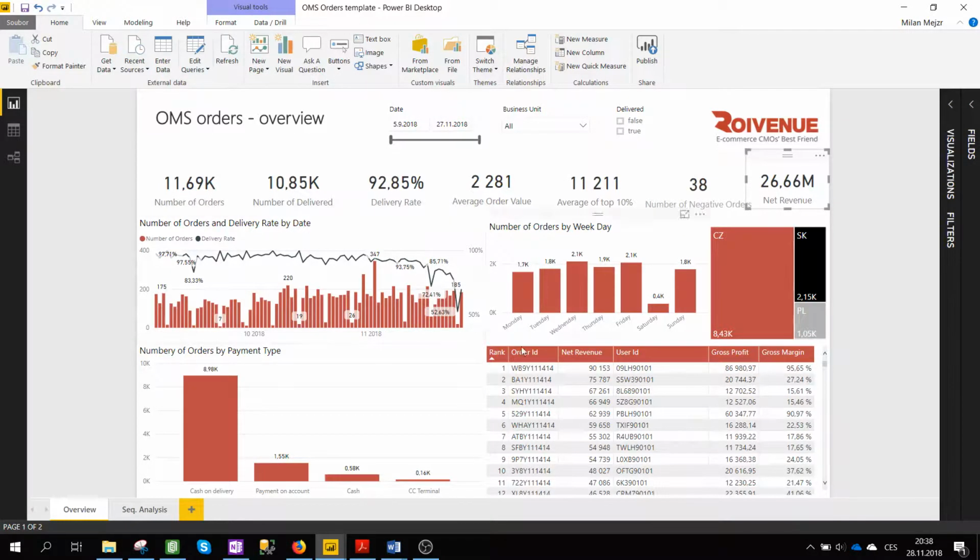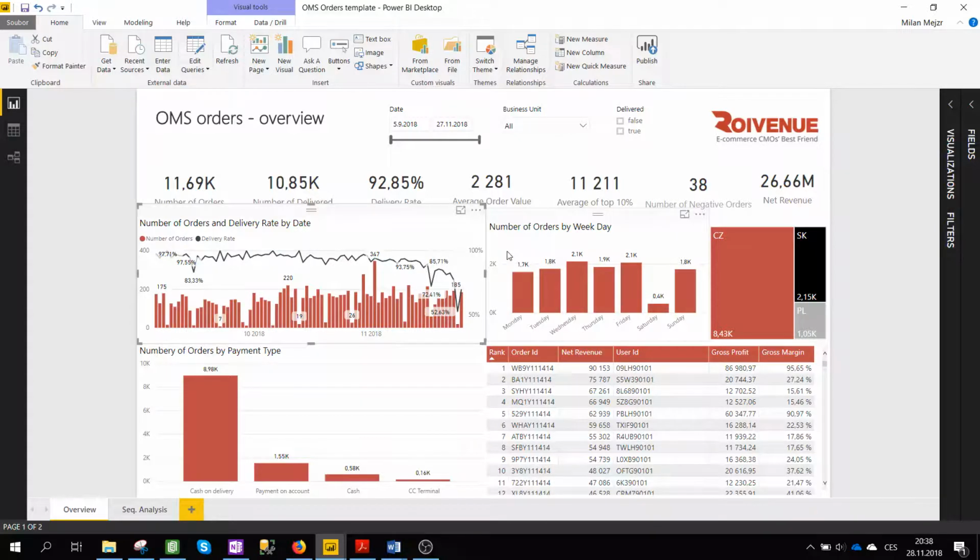And then we have a lot of different visuals here. So let's start with the first one. The first one is number of orders and delivery rate by date. Number of orders is represented by a column chart and delivery rate by a line chart. On the x-axis we have dates, so it's based on days.